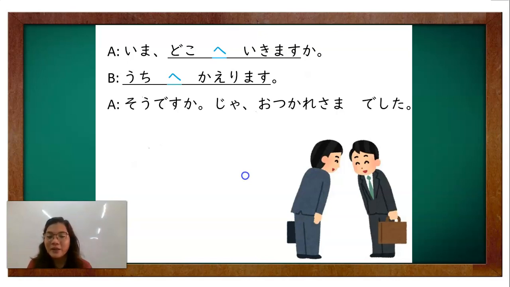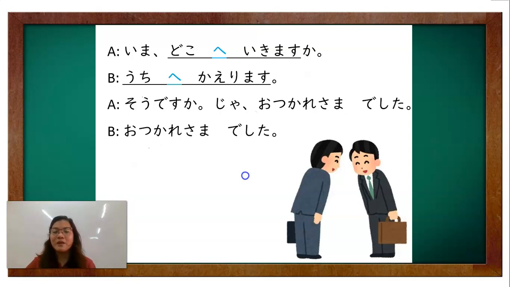Ja, otsukaresama deshita. Ganun ba? Okay, thank you for your hard work. Then he answered, Otsukaresama deshita. Okay, let's read it again. Ima, doko e ikimasu ka? Uchi e kaerimasu. So desu ka. Ja, otsukaresama deshita. Now let's have a role play for this.